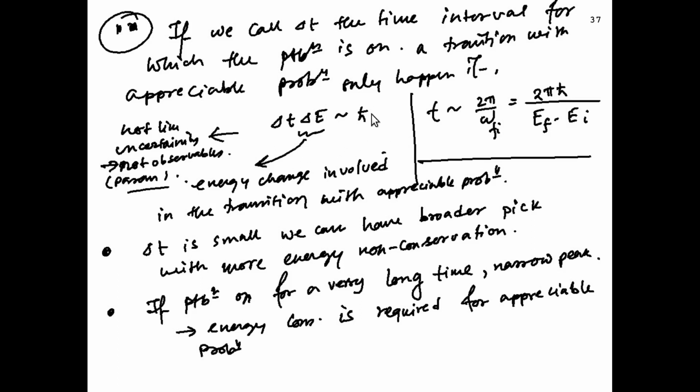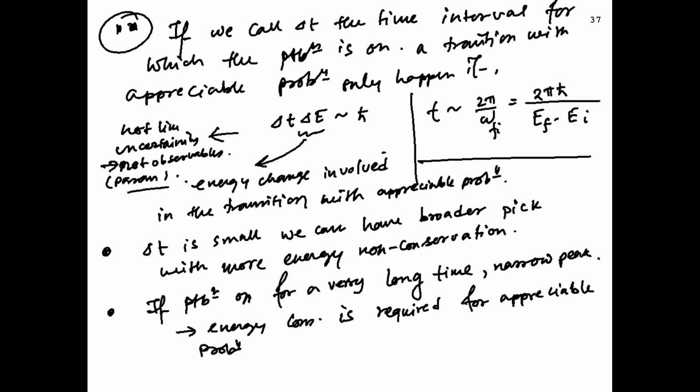It is like an uncertainty, but not exactly in the true sense, because in uncertainty relations delta t and delta E are operators. Here they are not operators or observables. They are basically parameters. It is the time, and these are numbers.